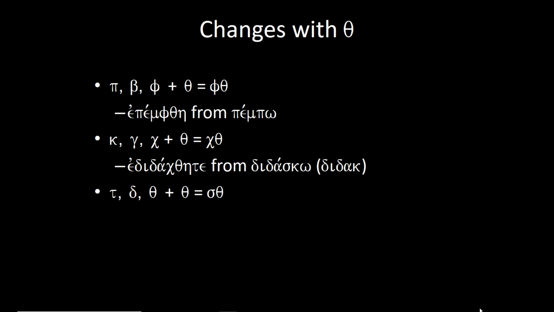And then with tau delta or theta plus theta, it equals sigma theta. Here's a future passive from pascho. So it changes to sigma theta, peisthesontai. So you will see these changes.